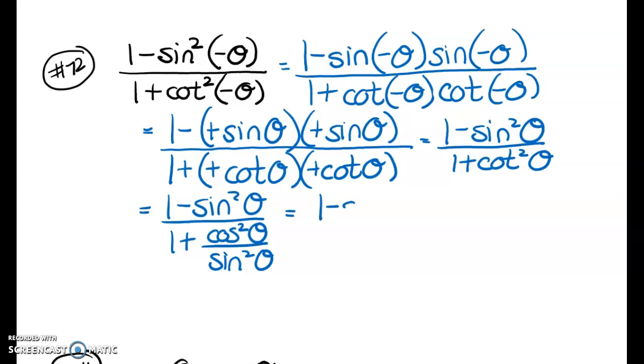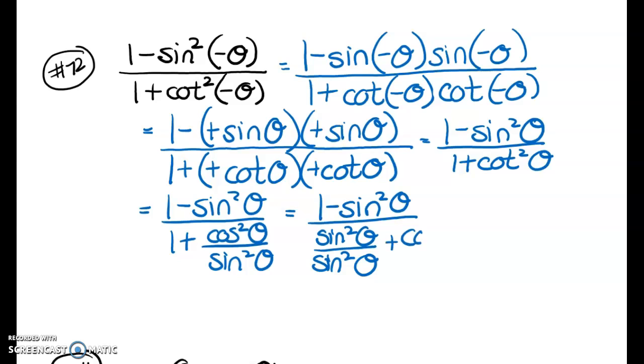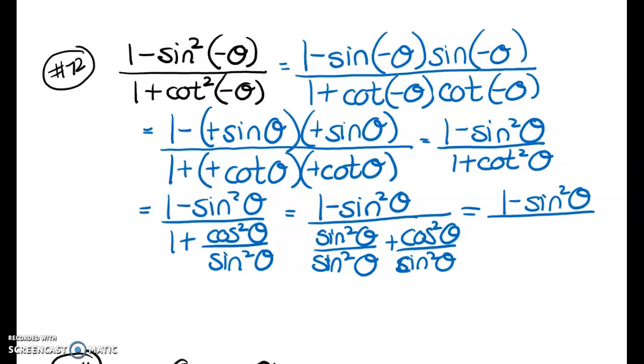So I have 1 minus sine squared theta over sine squared theta, plus cosine squared theta over sine squared theta. And then I'm going to combine that into one fraction, sine squared theta plus cosine squared theta.